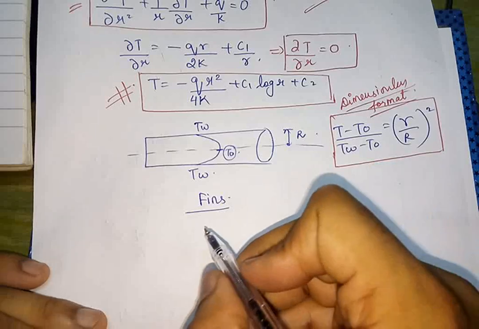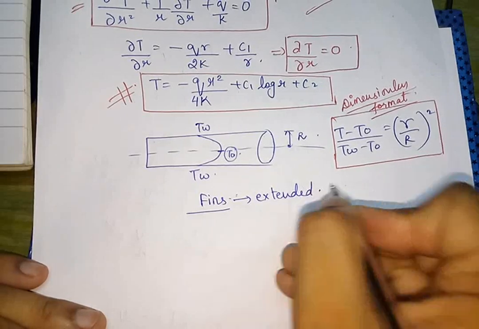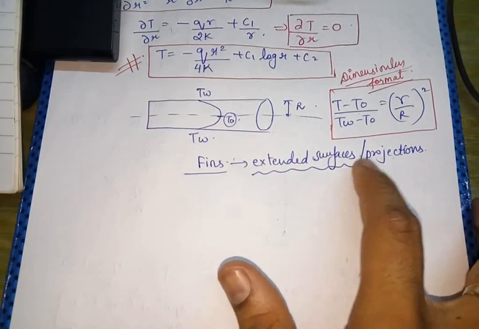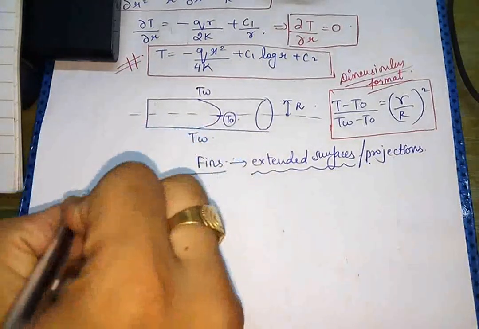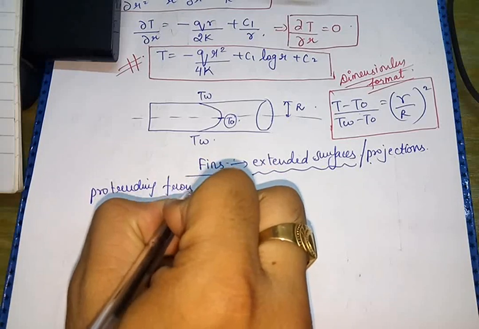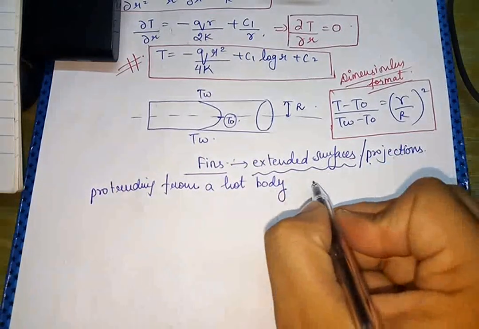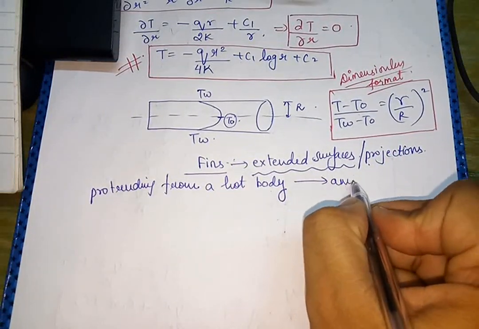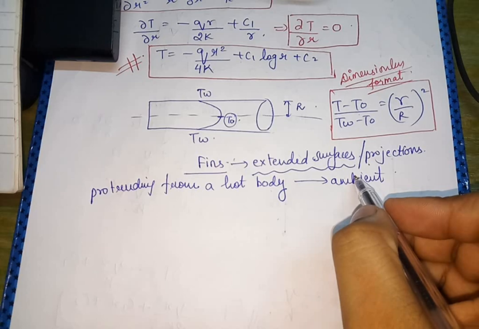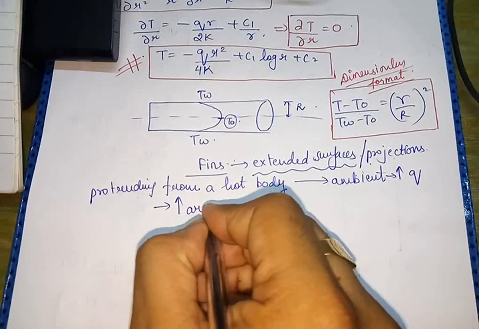Fins are generally the extended surfaces, or they are the projections which are protruding from a hot body into the ambient atmosphere, so as to increase the heat transfer rate by increasing the area.